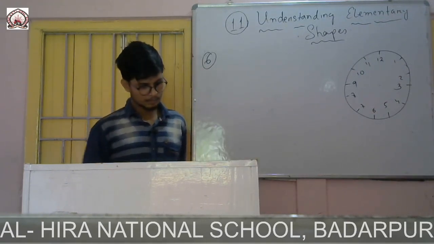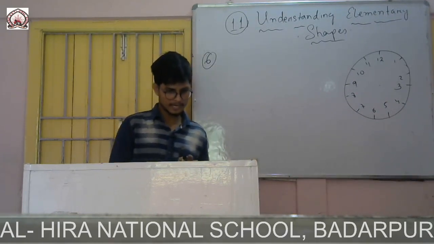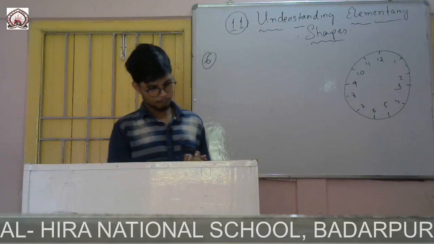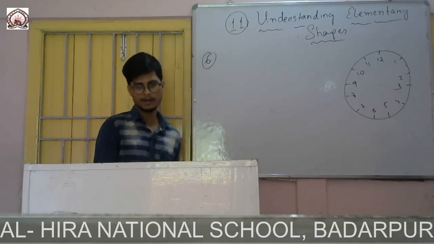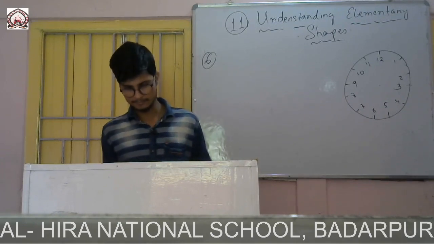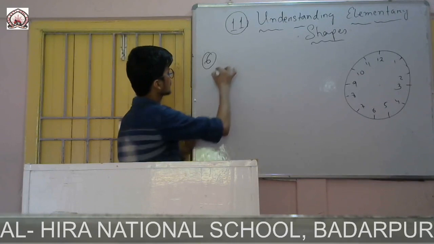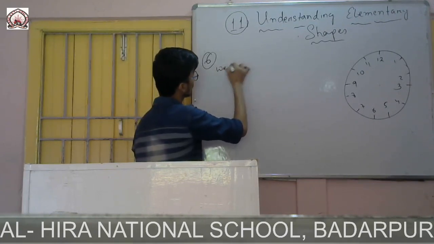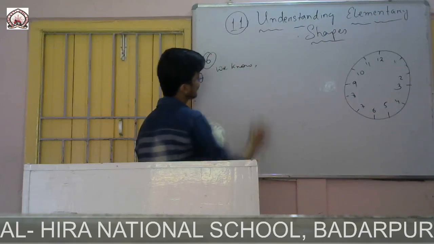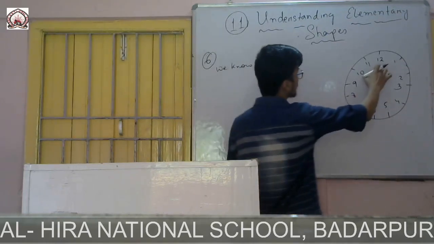Okay. So question first one, 6. Before starting, the question is to find, when the second hand has moved from 12 to 6, how many degrees does it turn? So you have to find for the second hand. We know on a clock dial there are how many numbers? 1, 2.